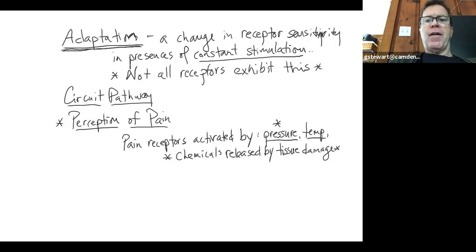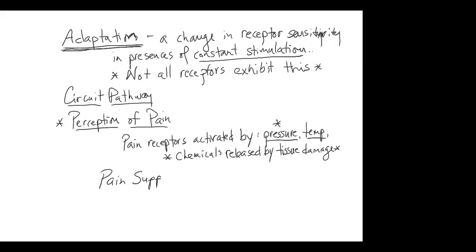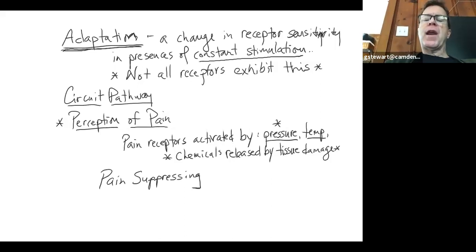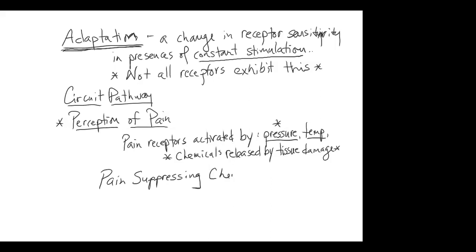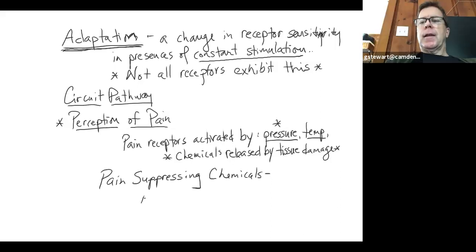We also have, on this topic of pain, and I said I was going to mention these earlier, our brain makes pain suppressing chemicals as well. You've probably heard of this one, endorphins. These are sort of pleasure releasing chemicals.